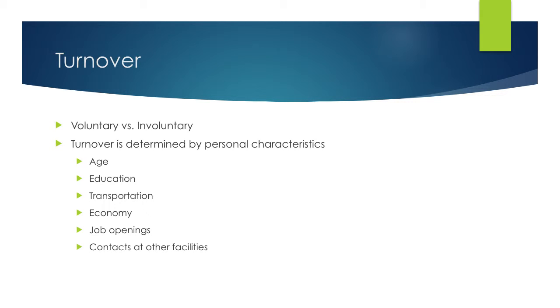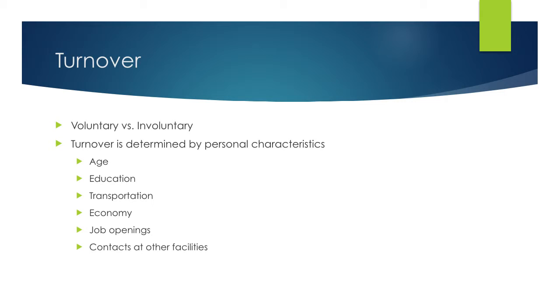Turnover: there's voluntary versus involuntary. Voluntary turnover is when an employee chooses to leave an organization for any type of reason, and involuntary turnover would be termination of an employee, such as firing.